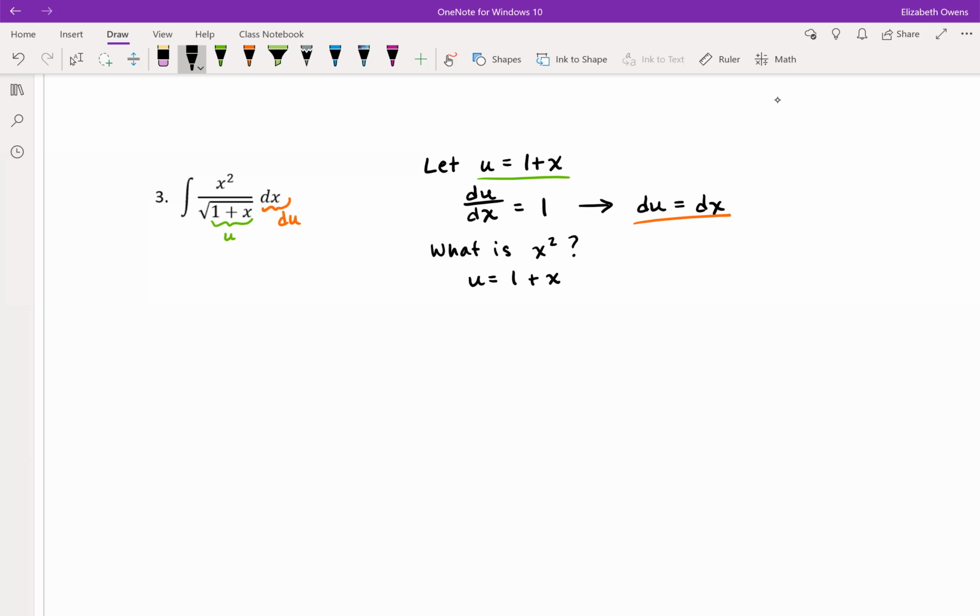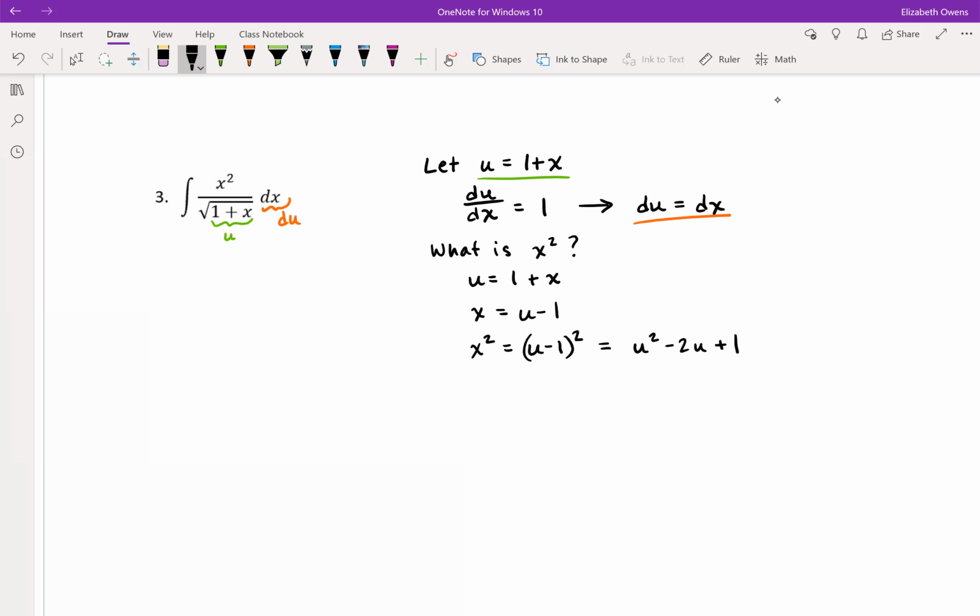So u is 1 plus x. We could solve this for x. Okay, x would be u minus 1. And so x squared is going to be u minus 1 getting squared. Or you could say that's u squared minus 2u plus 1.